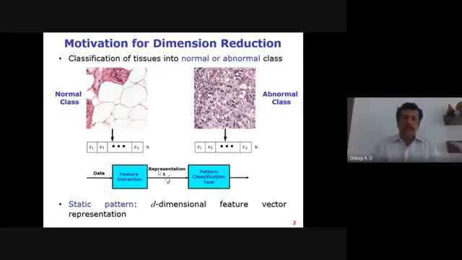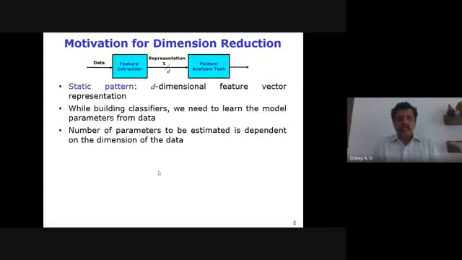Now, when we have the d-dimensional features, these play a very important role in building the classifiers. Because when we build the classifier, we need to learn the model, and we need to learn the parameters associated with the classification model.